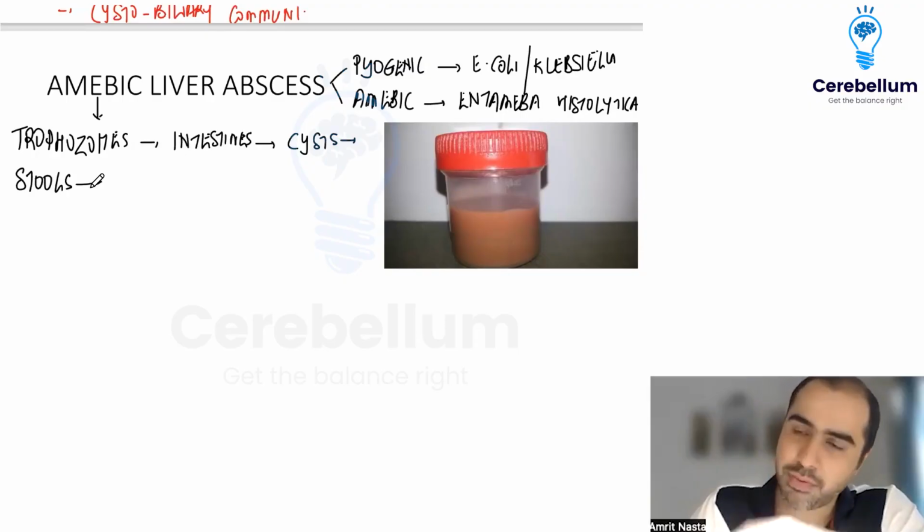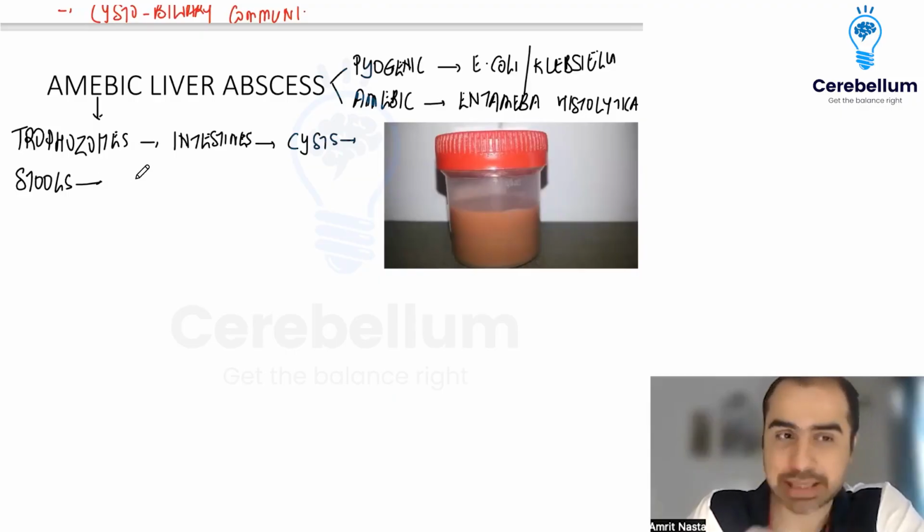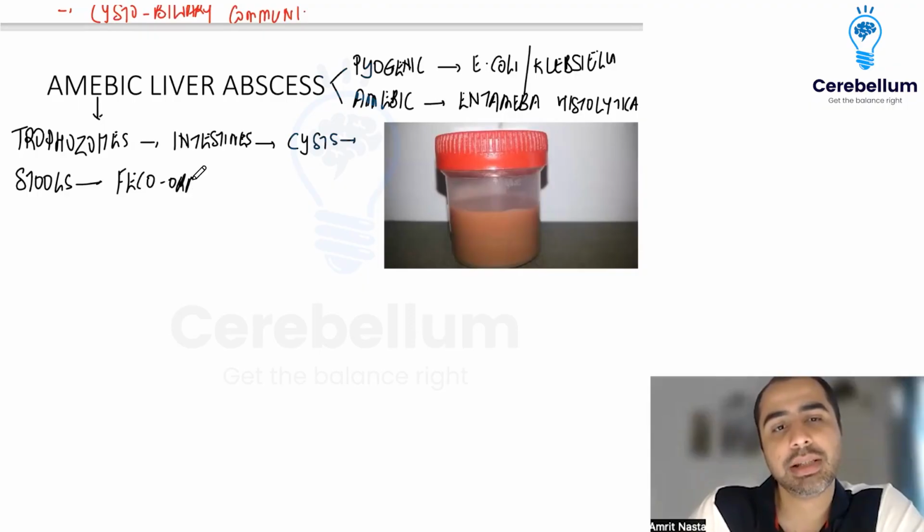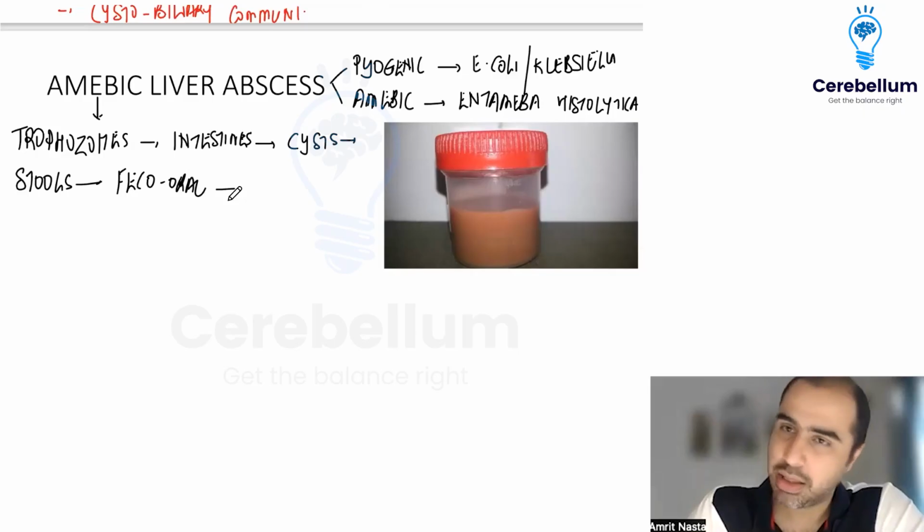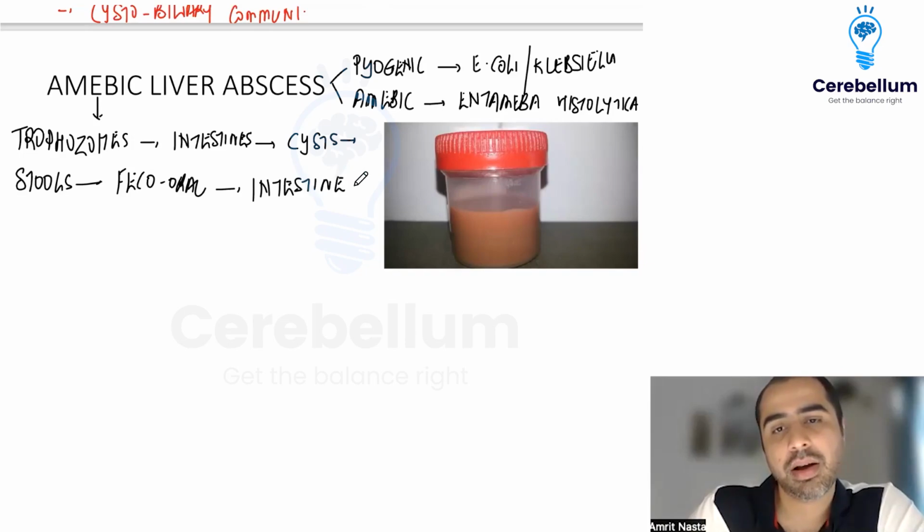And if someone comes in contact with your stools or you drink water contaminated with these cysts, feco-orally, you will ingest these cysts. These cysts will go into the intestine and they will become trophozoites.